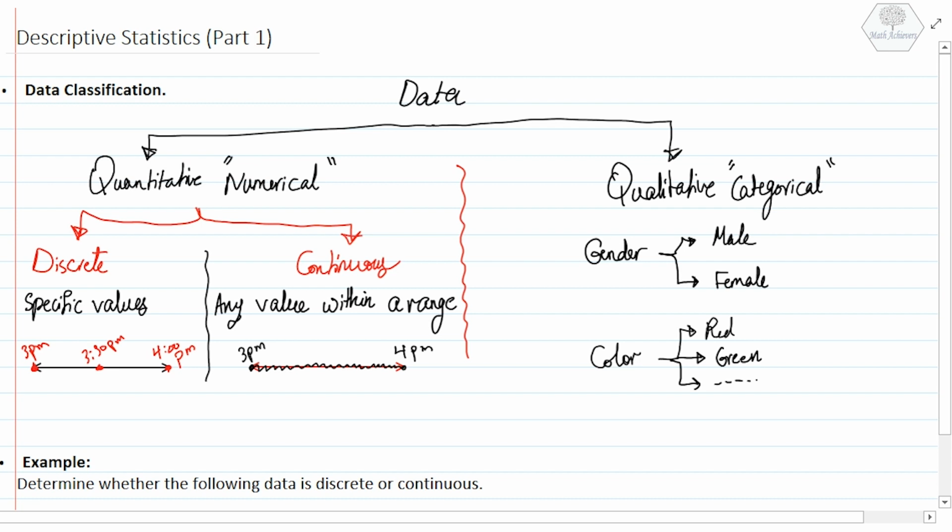The bus can maybe come at 3 and 20 minutes and 30 seconds and some of the milliseconds. So if it's a range, it can take any value within a range, then I can consider it continuous. If it has specific values, I can consider it to be discrete.